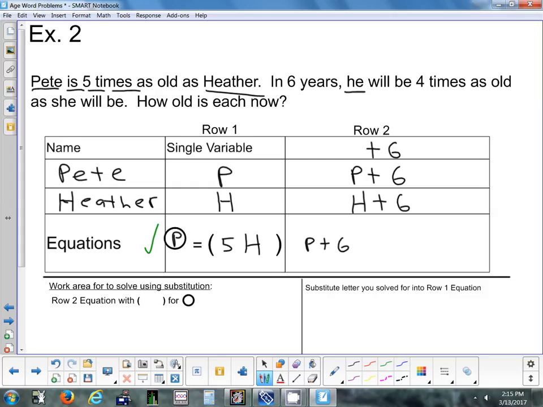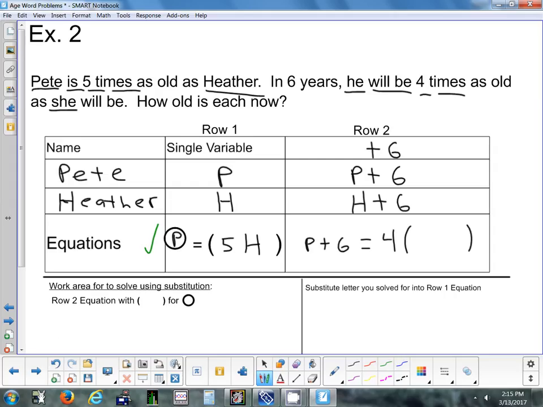So he, okay, what's next? Equals. What phrase tells you equals? Will be. So he, P, will be. What should come next? 4. Then what? Parentheses. 4 times as old as she. Who's she? Heather.